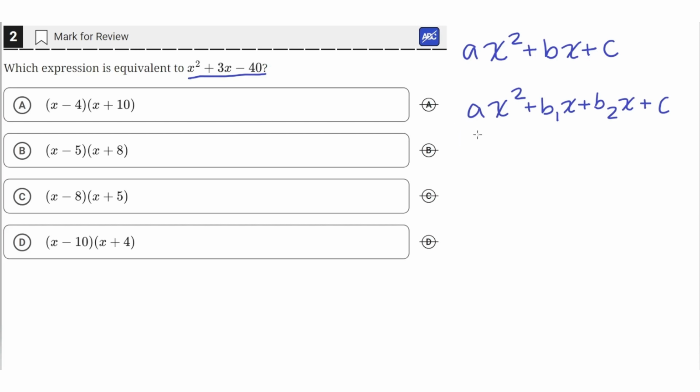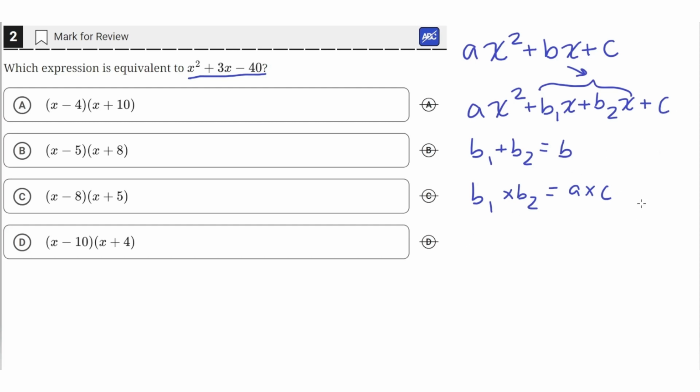In order to factor this, we have to split the b term into 2 smaller b terms, where b1 plus b2 is equal to the original b, and b1 times b2 is equal to a times c, where a is the coefficient of the second degree term and c is the constant.